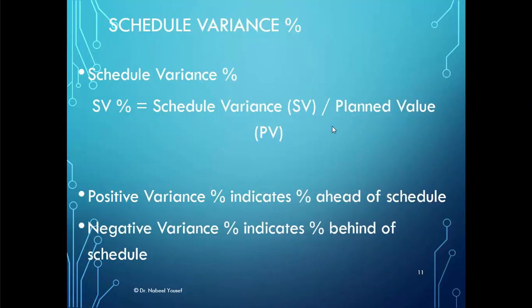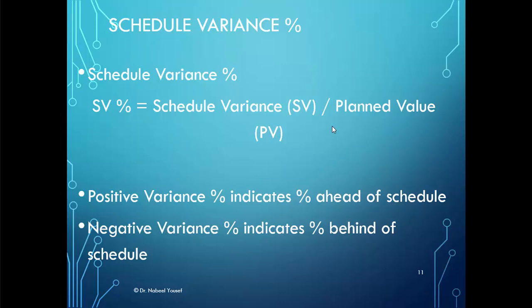The schedule variance percent indicates how much ahead or behind schedule the project is in terms of percentage. Sometimes when we refer to something in percentage, it's more understandable to some people than just giving a certain amount.